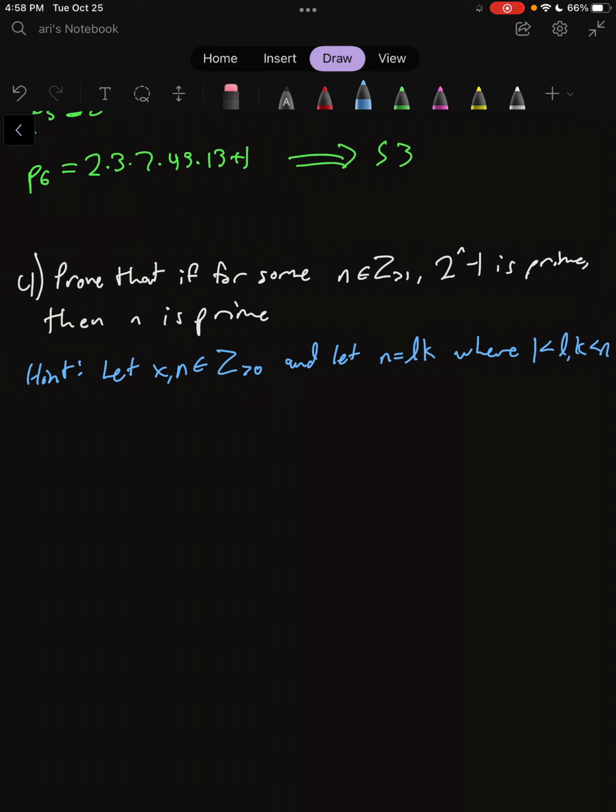They're two numbers, meaning n is composite, basically. n is composite.